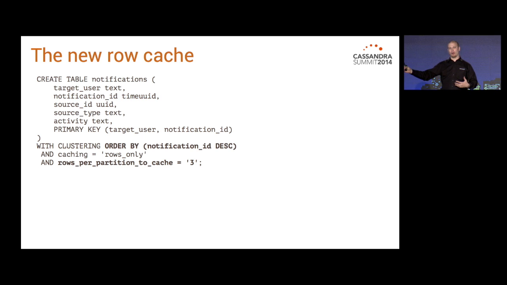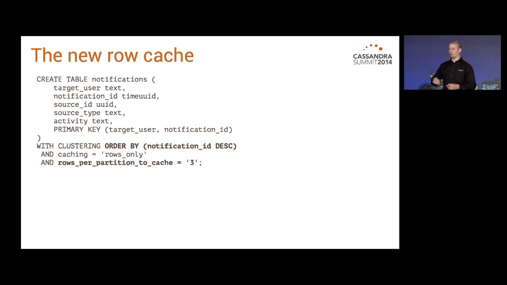So if I read a row from a 100 megabyte partition, it would pull that entire 100 megabytes into the cache. And even though we've introduced an off-heap option for the row cache, it still needs to get pulled back onto the heap to read results from that. So you have this 100 megabyte serialized blob of data getting pulled onto the heap to answer cached queries. It's not a good use of either CPU or memory.